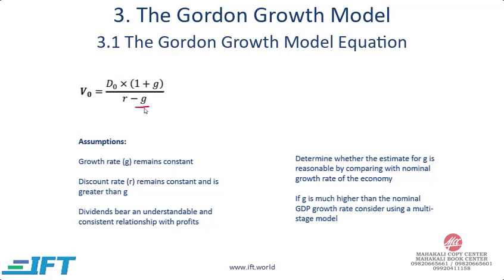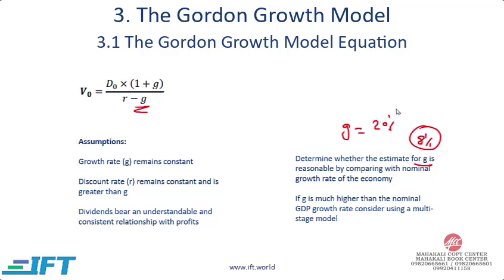When you use a particular number for G, you need to determine whether the estimate for G is reasonable by comparing this number G with the nominal growth rate of the economy. So if you come up with G equal to 20%, and your economy grows on average at, let's say, 8%, this is the nominal growth rate, then there is a possible issue.